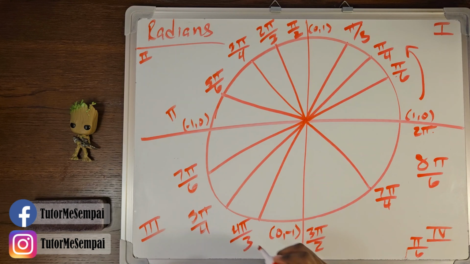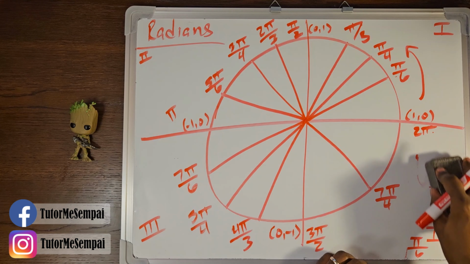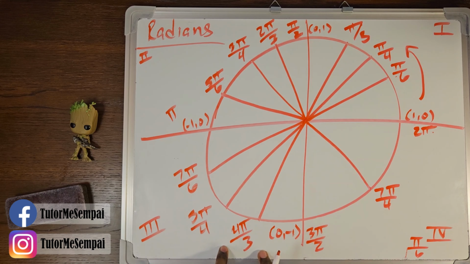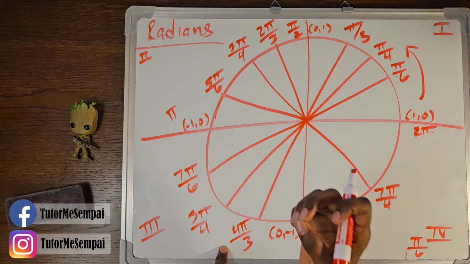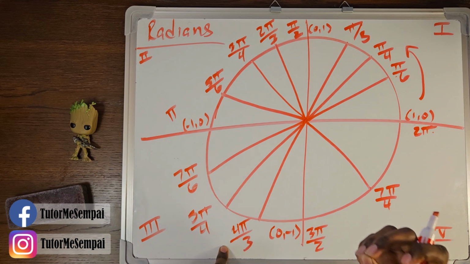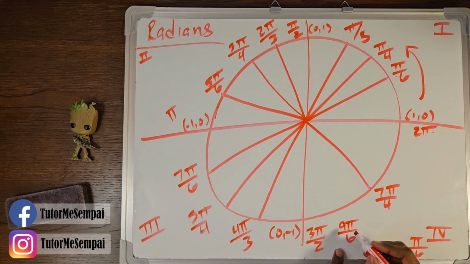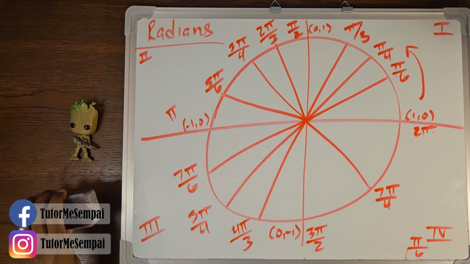Perfect. So we have 8 pi over 6 that we simplified to 4 pi over 3. But remember, it was still 8 pi over 6. That means this is going to be 9 pi over 6, which can reduce to what? 3 pi over 2. We already have that. We're still on the right track.